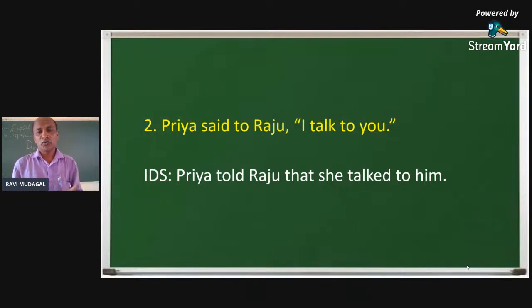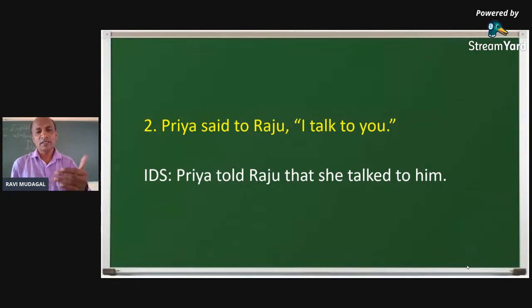In "I talk to you," "I" belongs to Priya and "you" belongs to Raju. When we change from direct speech into indirect speech, we take it like this: Priya told Raju that. Whom does "I" refer to?